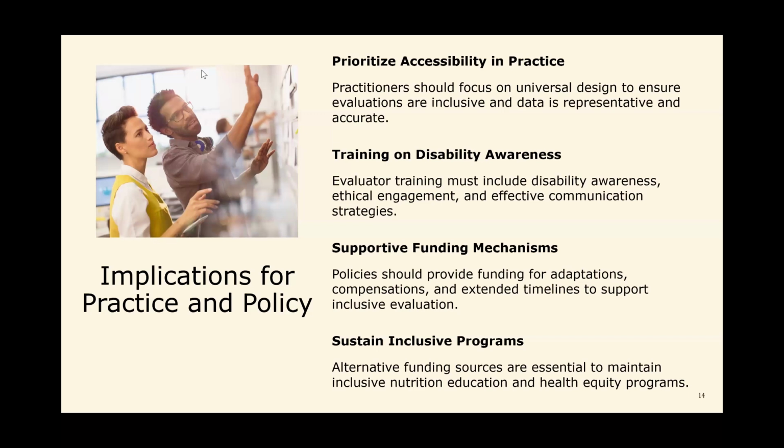And then thinking of supportive funding mechanisms, policy should provide funding for adaptations, compensations, and extended timelines to support inclusive evaluation. So as you're writing your proposals, it's a really good practice to think about tagging some funding around adaptations or compensations for individuals that will be part of your research.